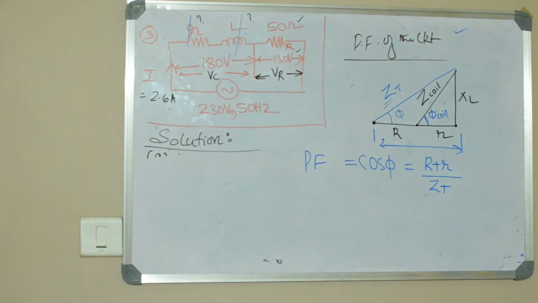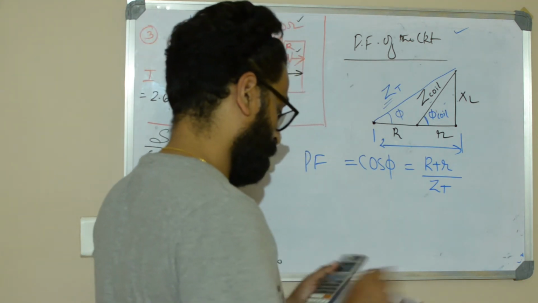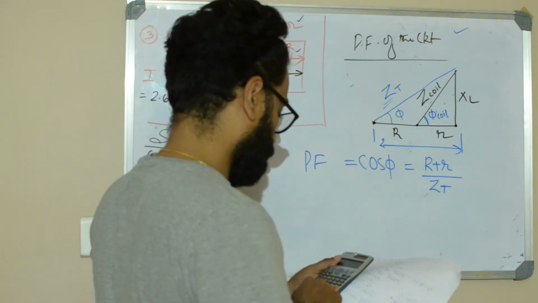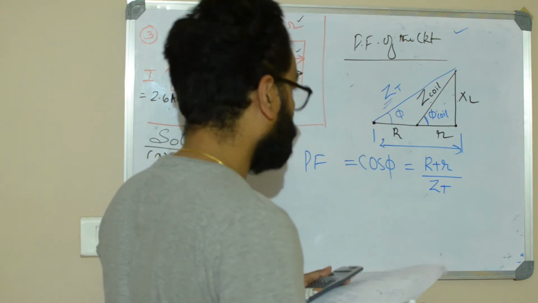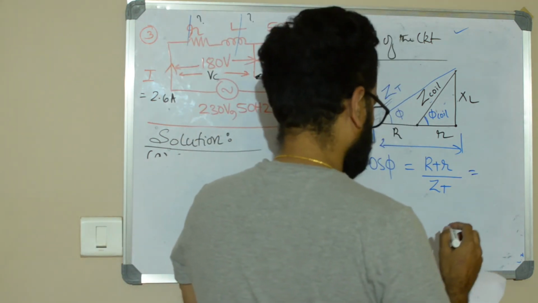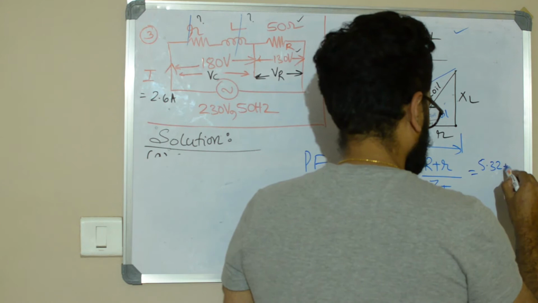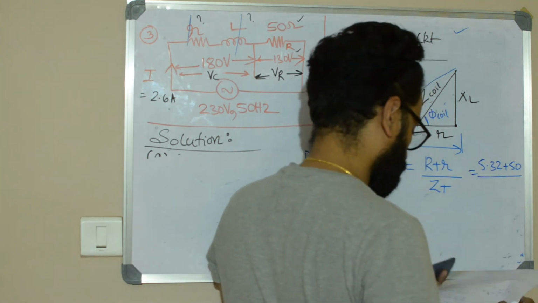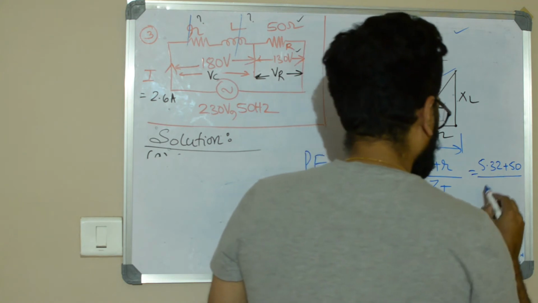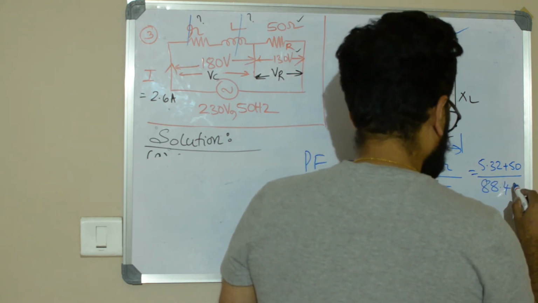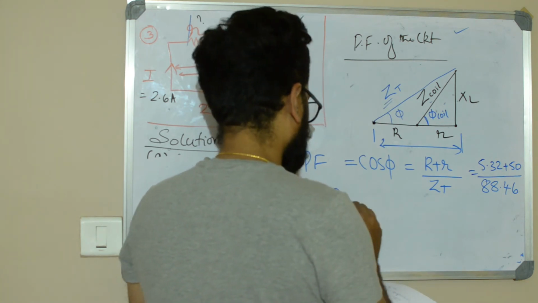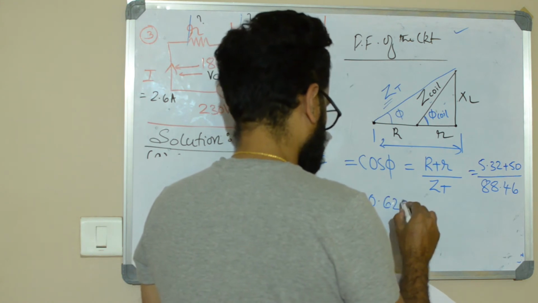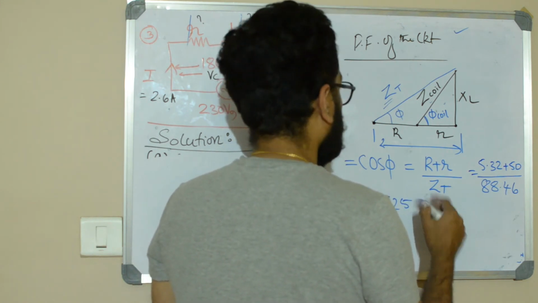So how much do you get? r was 5.32 plus 50 divided by Z total. Z total is 88.46. So power factor of this circuit is 0.625 lag.